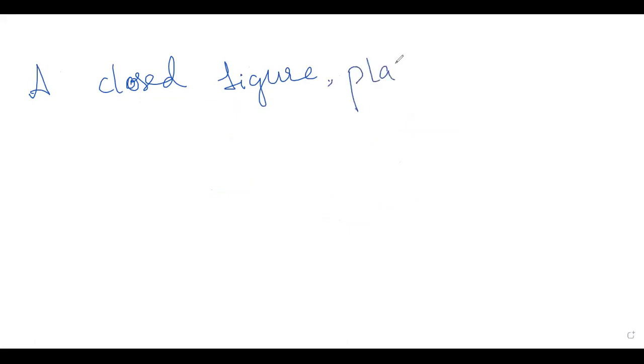How to define a quadrilateral? It is a closed figure. Already I have taught this in previous classes. Once again, I'm explaining. It's a closed figure and it is a plane figure, bounded by 4 sides.